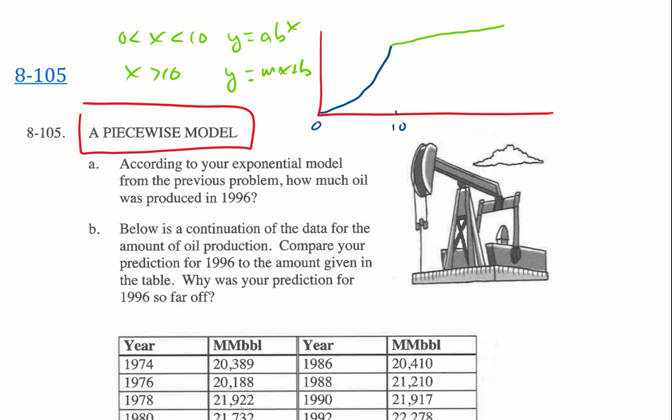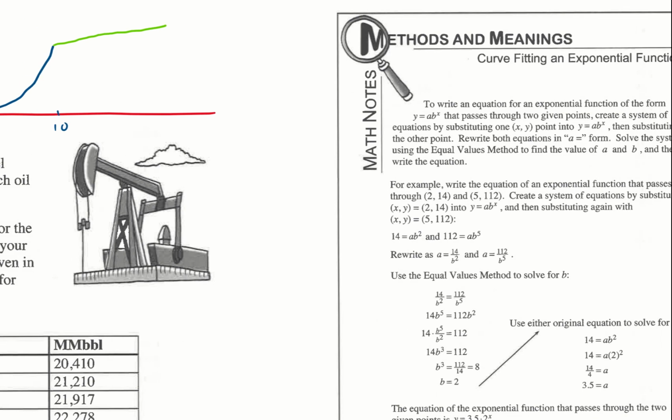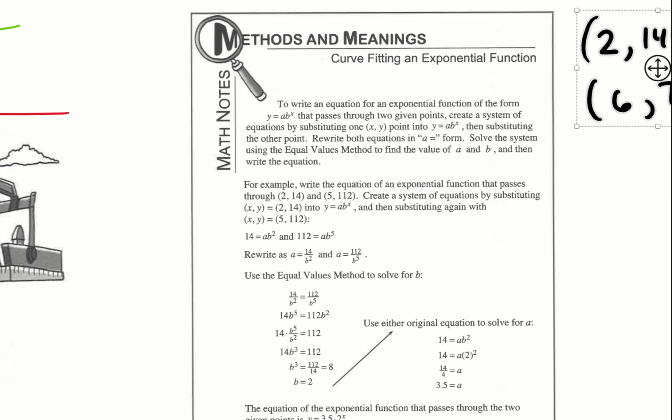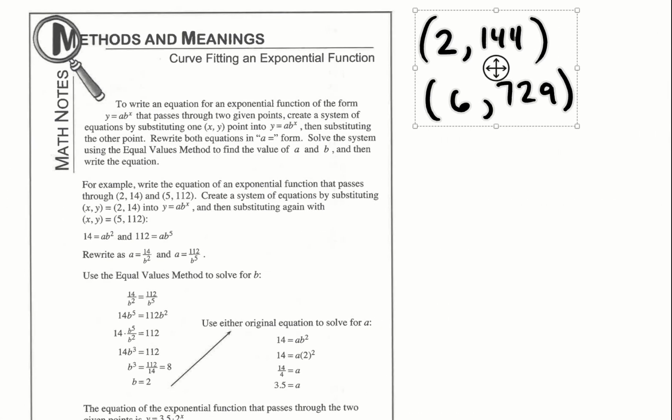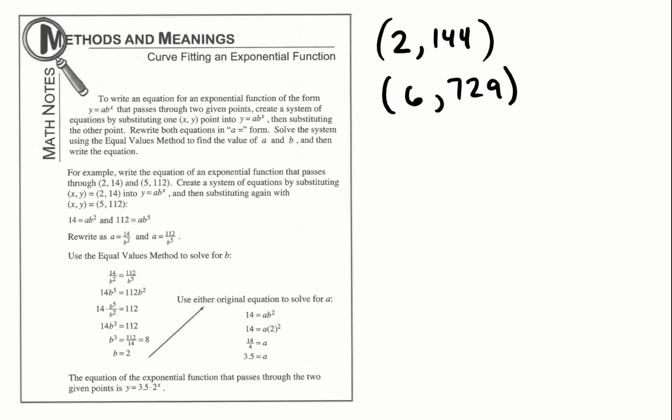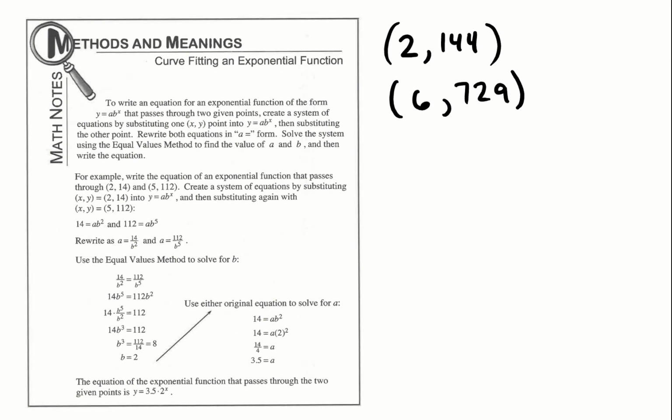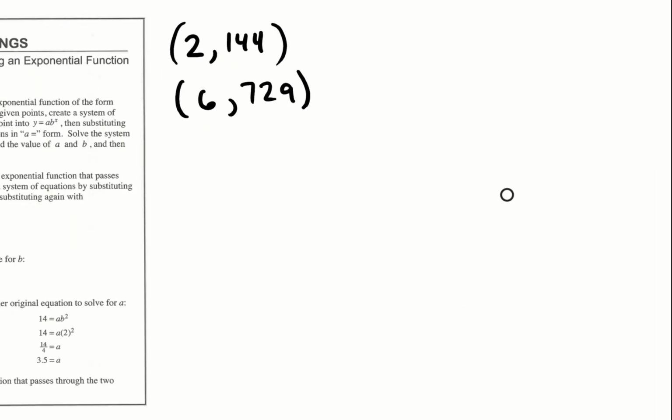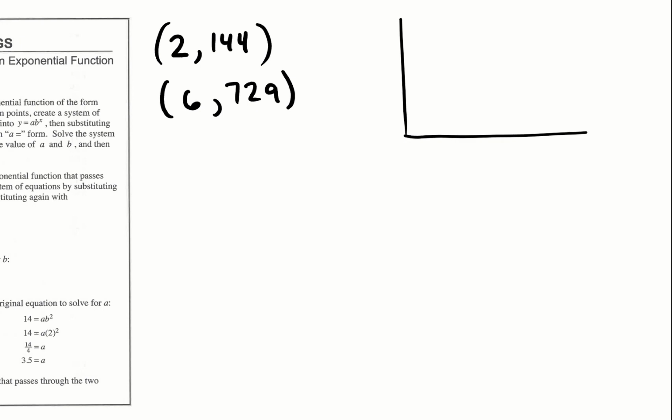Okay, we're going to end our time today by talking about how you could perhaps find an exponential function that goes through two given points. So I've got the points (2, 144) and (6, 729), and the question is, thinking about a sketch of those points, I've got 2 is 144 and 6 is way up at 729.